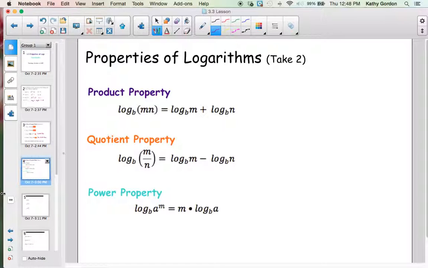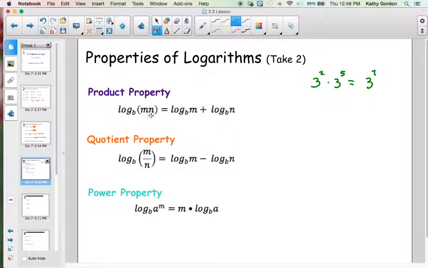Well, if I think about exponents for a second, if I want to take 3 squared times 3 to the 5th, what would I get? 3 to the 7th. Why is it 7? 2 plus 5 is 7. Because you took the 2 plus 5. You added the exponents.